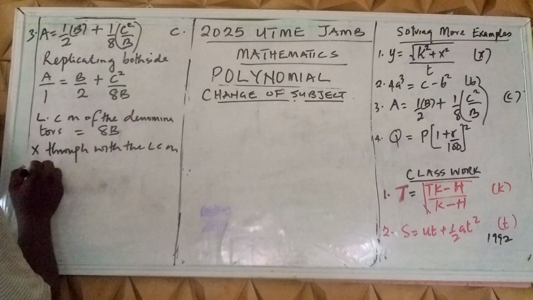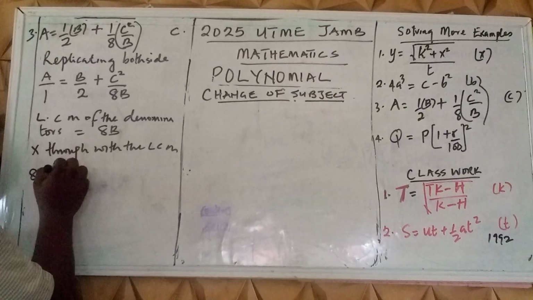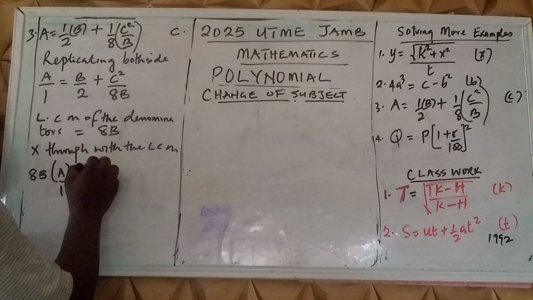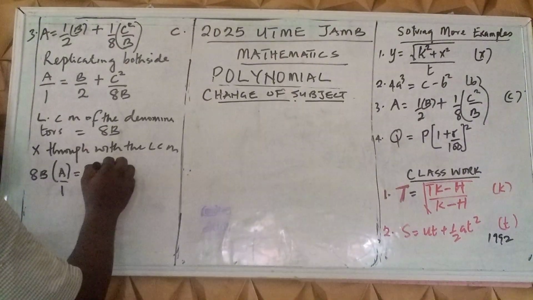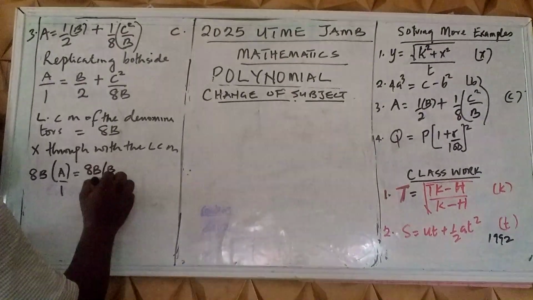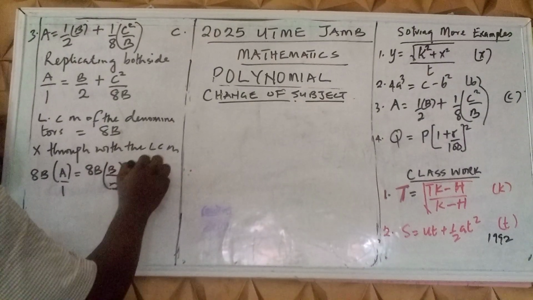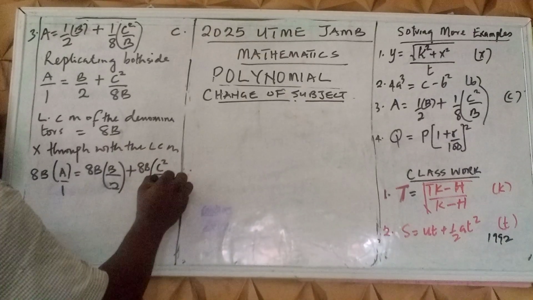So I'll say 8b into a over 1 is equal to 8b into b over 2 plus 8b into c squared over 8b.